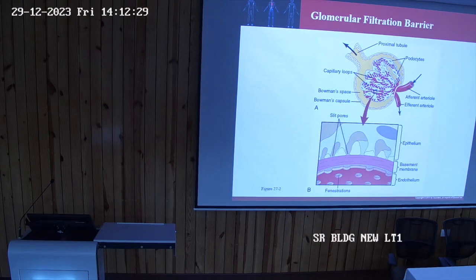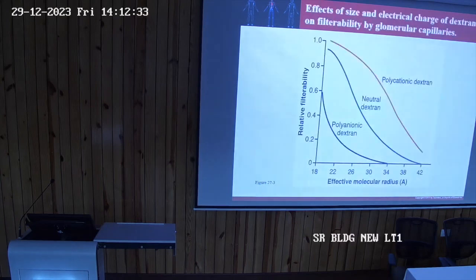This is the structure of the filtrating membrane, the 3-layered structure. Depending on the structure of the membrane, the important things were the slit pores or fenestrations that were responsible for filtrating the substances, plus the charges. The collagen and the proteoglycans present in the basement membrane are mainly formed of negatively charged substances, so they repel the negative ions.